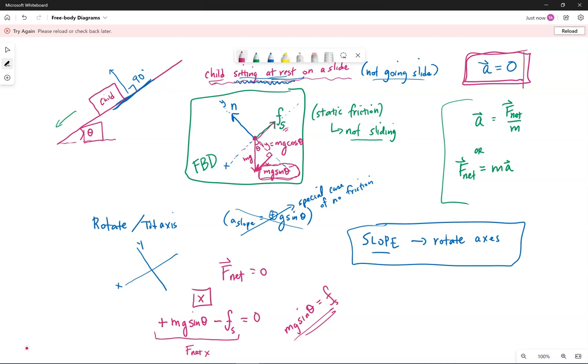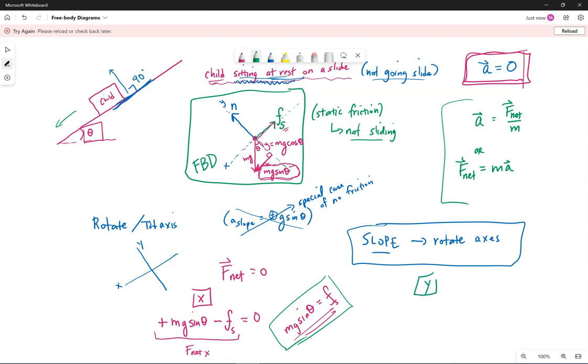This is all boiling down from Newton's second law, knowing there's no acceleration, relating the forces in that specific direction. So that gives us our relationship between the force of static friction and the component of gravity.